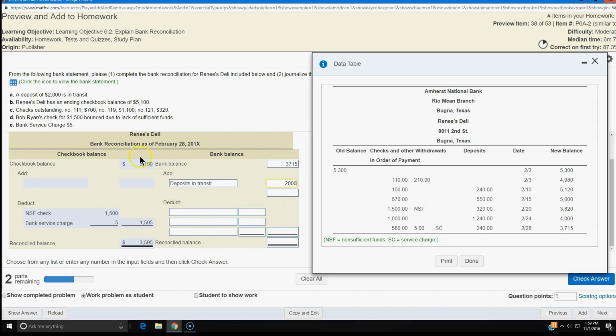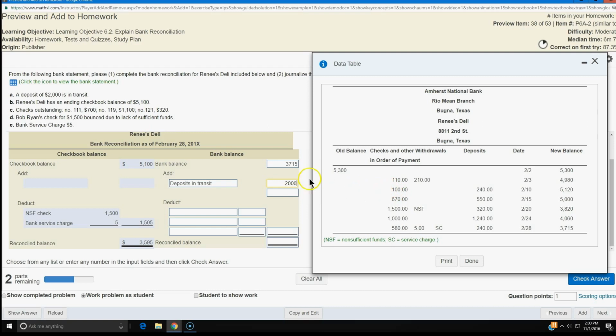And the deductions would be two outstanding checks. These are checks that we have written out and that have already been deducted and reflected in this balance, but they're outstanding, which means the people have yet to deposit them or they haven't cleared through the bank statement. So I see three checks here, one for 700, one for 1,100, and one for 320.